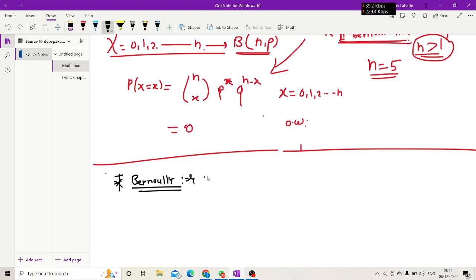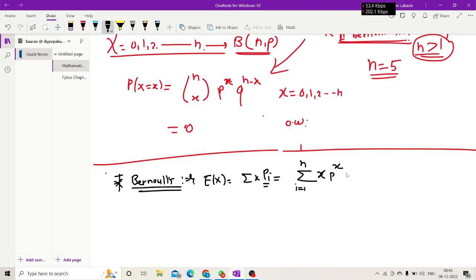So mean is denoted by the expectation of x. You can simply find it by using the formula summation of x into p i, which means p of x. Just substitute the value of the probability mass function. What is the probability mass function of the Bernoulli?